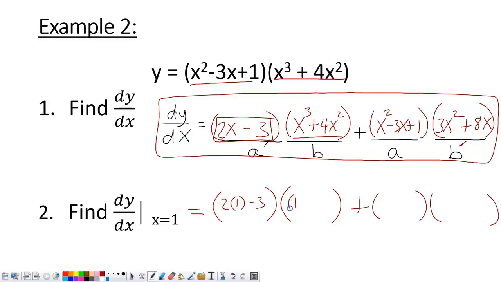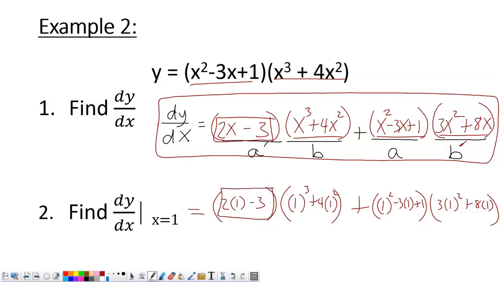And here. And here. And finally here. All right, let's simplify this.